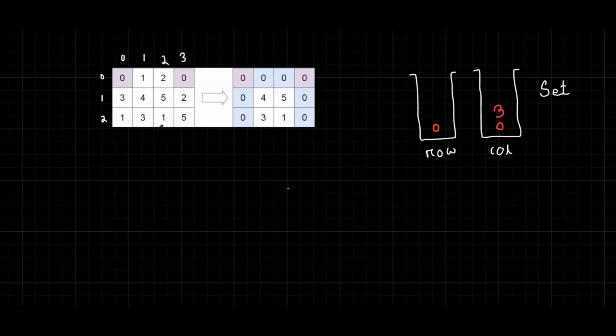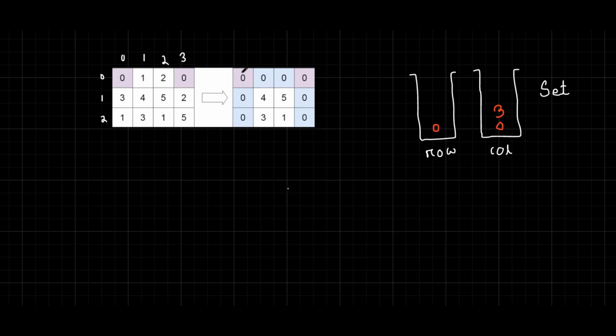Now, we will run another 2 nested loops, and for each element, we will check whether their corresponding row or column number is present in the set or not. If they are present, that means we have to set those elements to zeros.